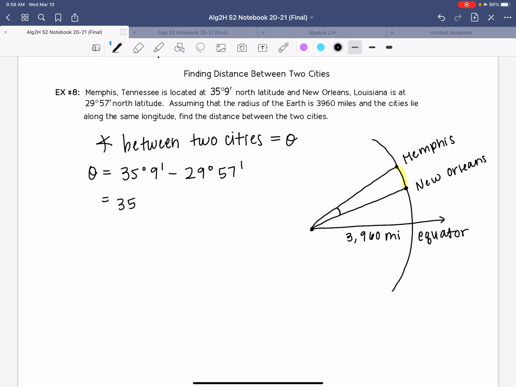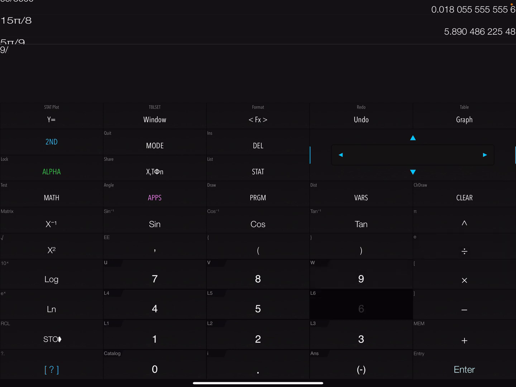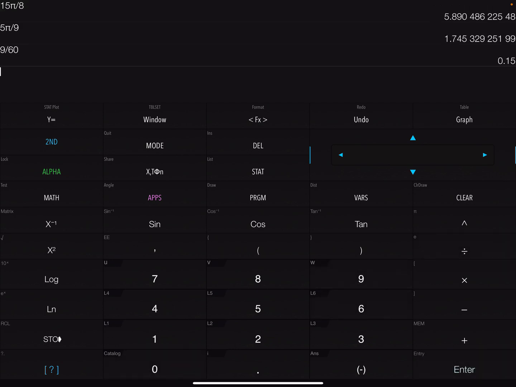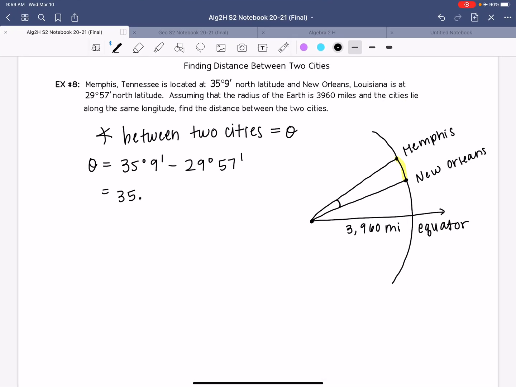So 35, and then you divide the minutes by 60. So 9 divided by 60, which is 0.15. So this is 35.15 degrees minus 29. And then same thing, 57 divided by 60 would be 0.95 degrees. Subtract those from each other and we get theta is equal to, what, 5.2?